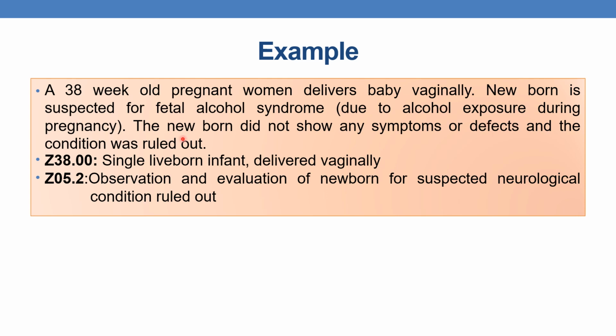The newborn did not show any symptoms or defects, and the condition was ruled out. Here, the PDX would be Z38.00, single live born infant delivered vaginally, followed by Z05.2, because the fetal alcohol syndrome was suspected and ruled out. Observation and evaluation of newborn for suspected neurologic condition ruled out.